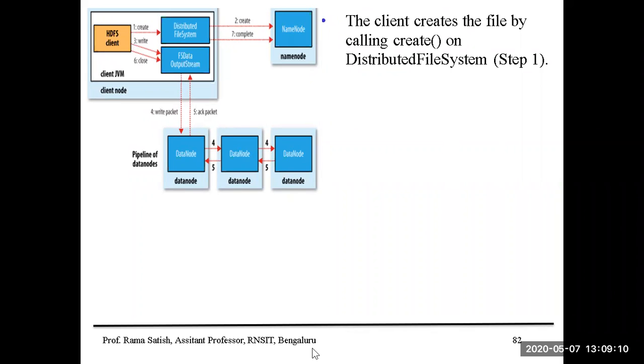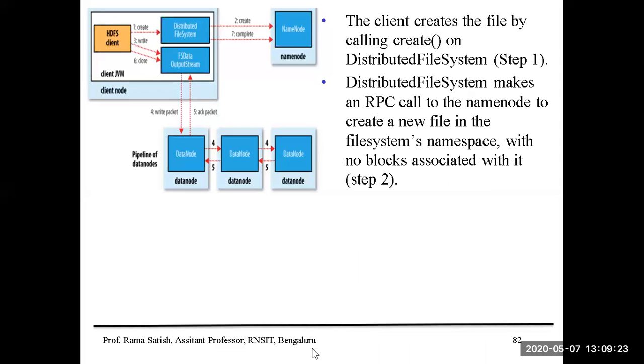So the client creates the first step. The client creates the file in the distributed file system using a create method. That is the first step. Second, the distributed file system makes an RPC call, remote procedure call, to the name node to create a file in the file system's namespace. The name node holds the namespace of all the files.